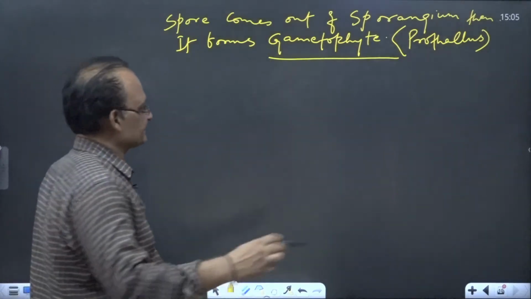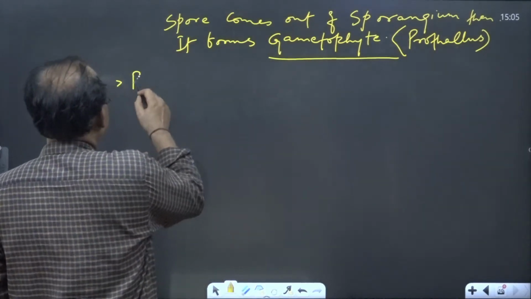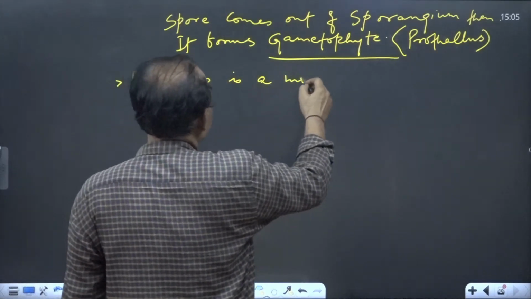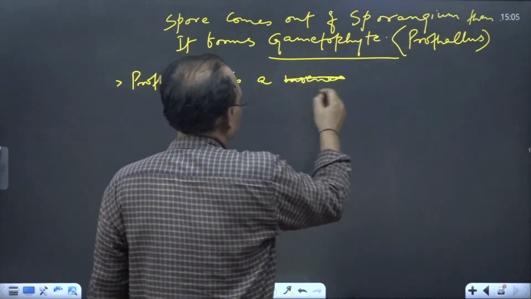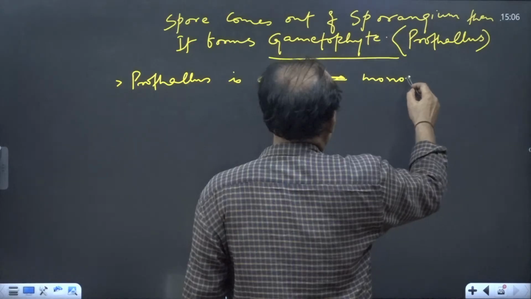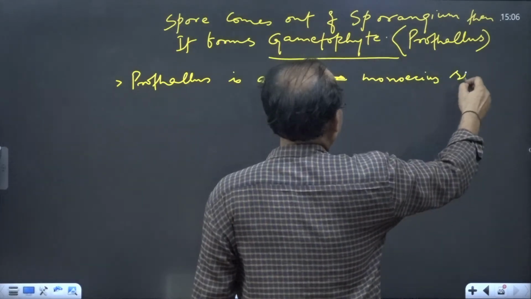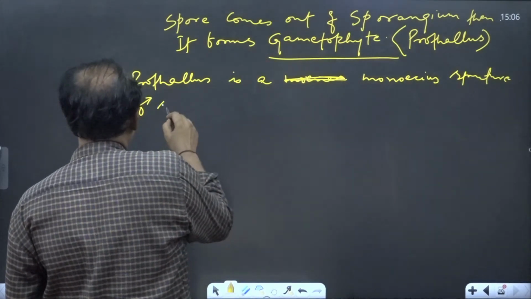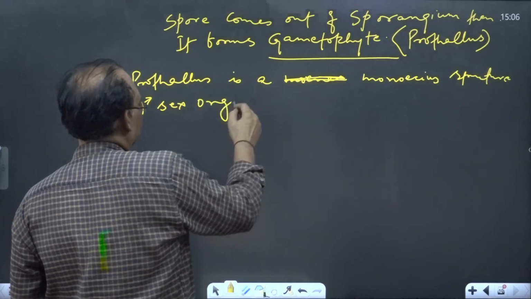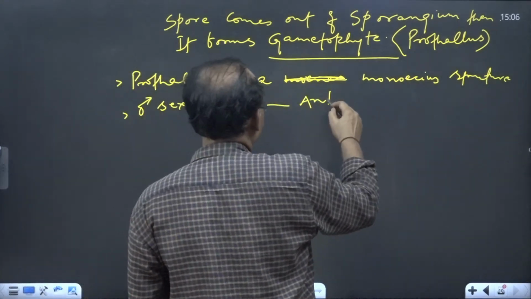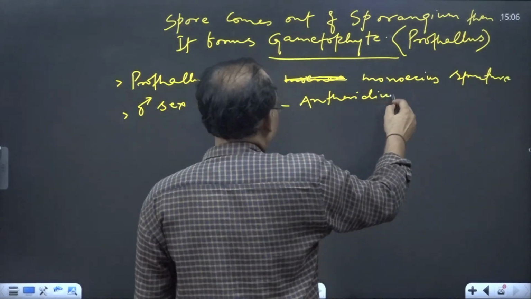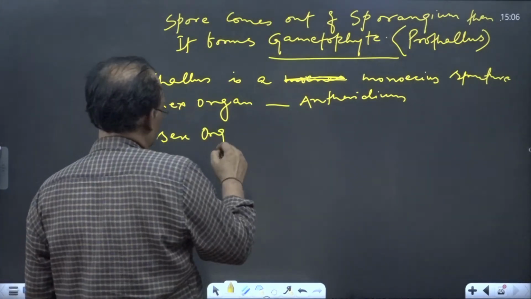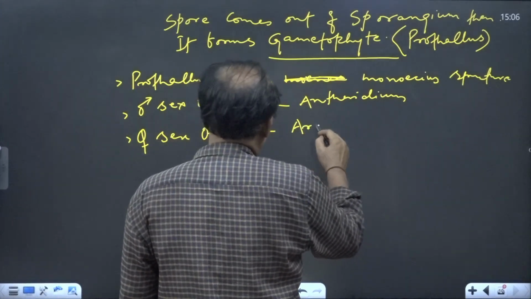And as I just mentioned, prothallus is a monoecious structure, and the male sex organ is antheridium, and the female sex organ is archegonium.